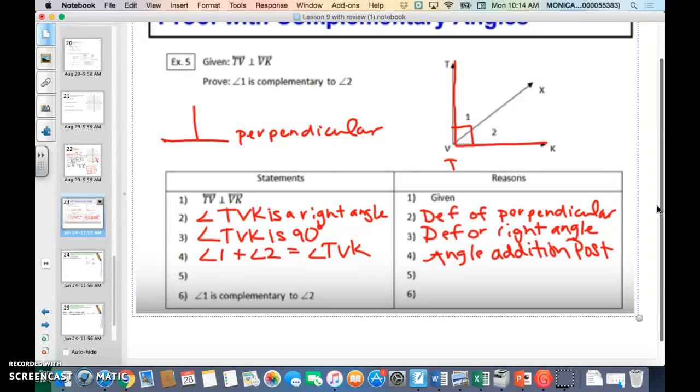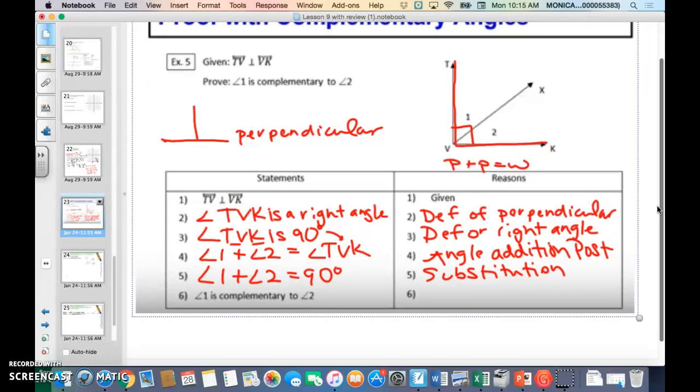So remember, part plus part equals whole. Well, now we know that our whole is going to be 90 degrees. So because I know that TVK is 90, I can now substitute 90 in for TVK. So I can say angle 1 plus angle 2 equals 90 degrees. And that's because I substituted. So we'd say substitution. So basically, when you take the test, you're going to have to know these steps.